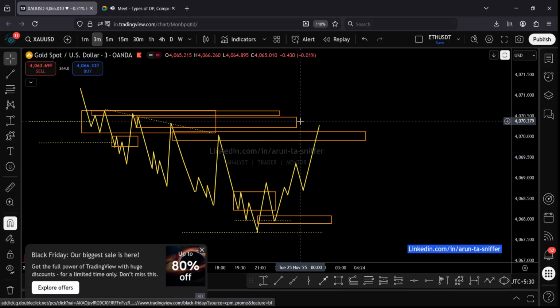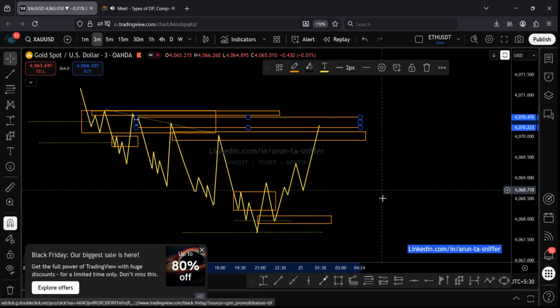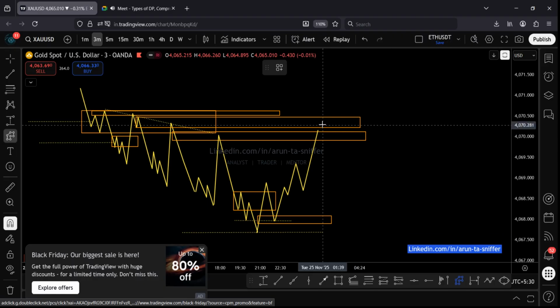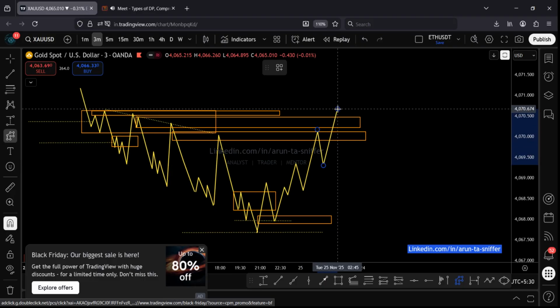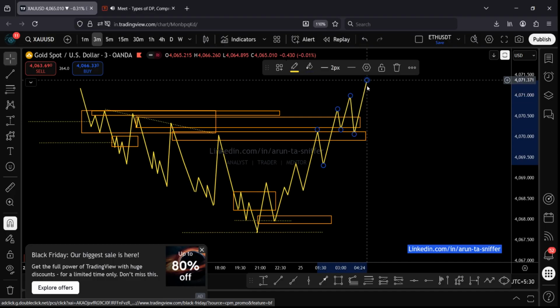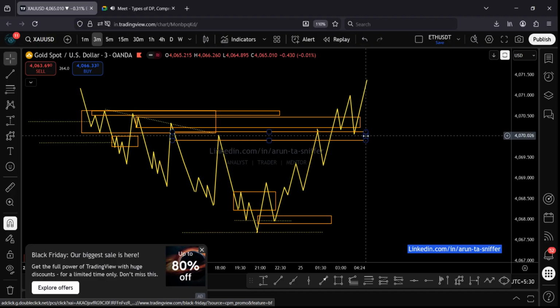Now what will happen? Price will come down, maybe there was also a DP, and then goes up again, then comes down and goes up again, and takes this DP again, then goes up again like this.